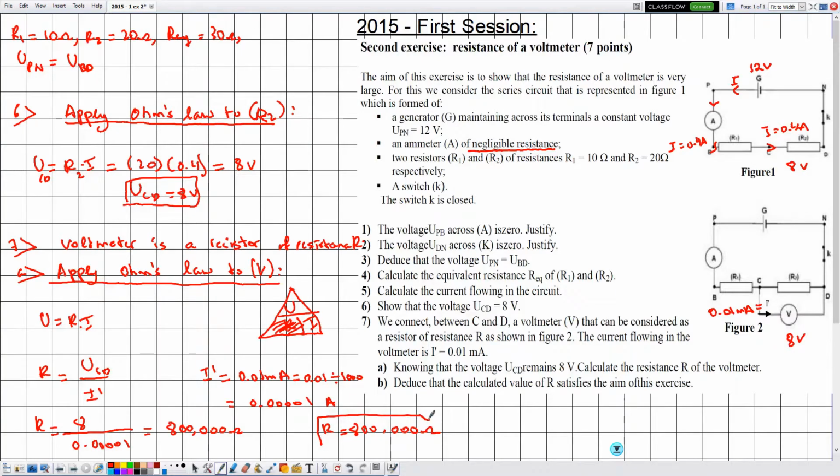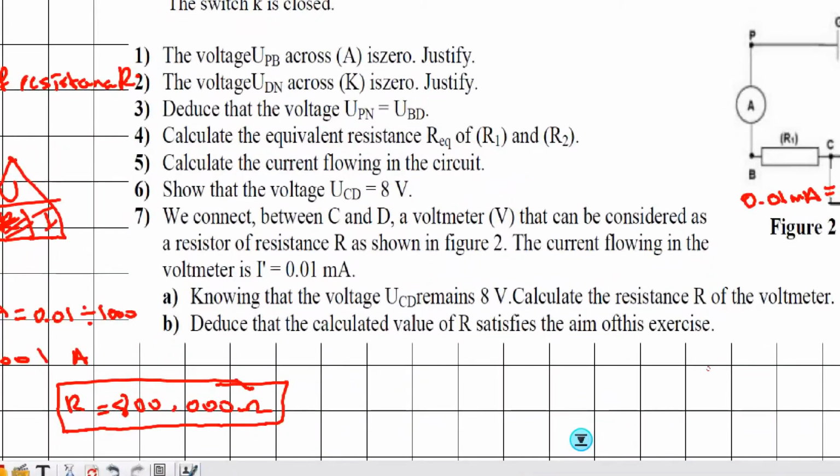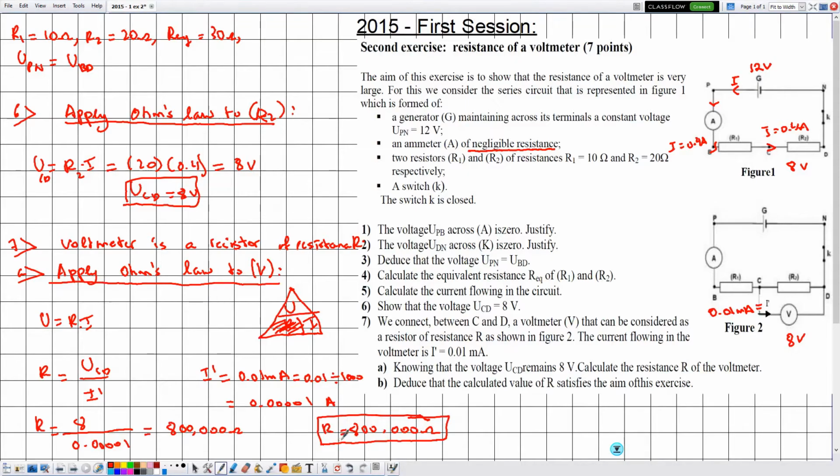So notice that in this case the value of the resistance is very large. Now in part B, deduce that the calculated value of R satisfies the aim of this exercise, and the word deduce means that we need to use the part just previously before. In part A, we have determined the value of R, and indeed R is very large in this case.